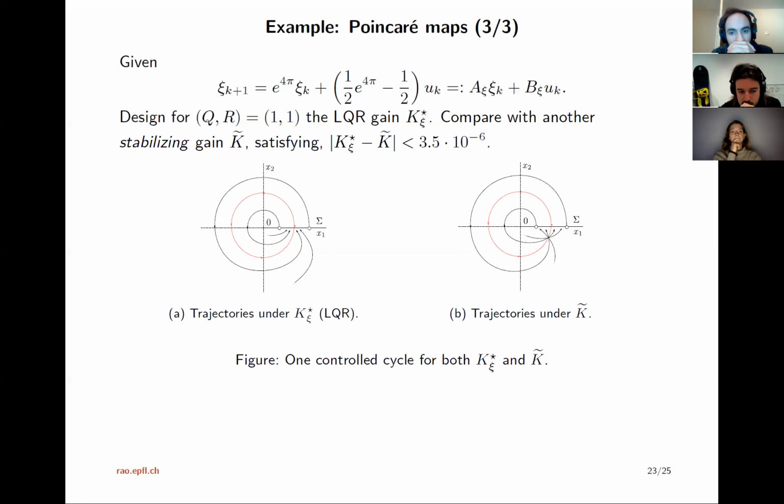Now, what we see is that this LQR gain, as we proved before, since this Poincare map was orientation preserving locally, adding this LQR feedback also preserves the orientation. So if you have such a periodic orbit, orientation is preserved. While for this other feedback, it's not the case.